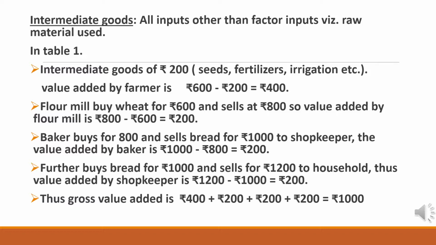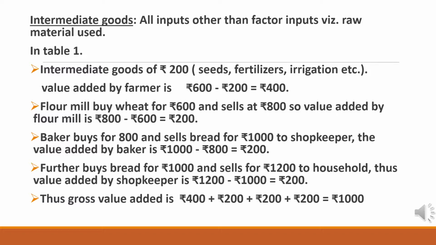Now, the flour mill will buy the wheat from the farmer for rupees 600 and sell it at rupees 800. So the value added by the flour mill is rupees 800 minus 600, that is rupees 200. Now, it will sell to the baker, and the baker will buy for rupees 800 and sell the bread for rupees 1000 to the shopkeeper. Here the value added by the baker is 1000 minus 800, that is rupees 200.